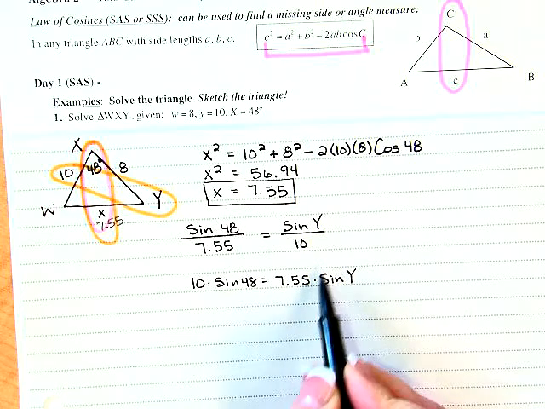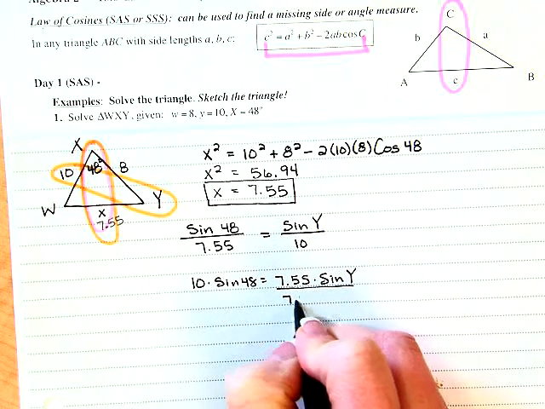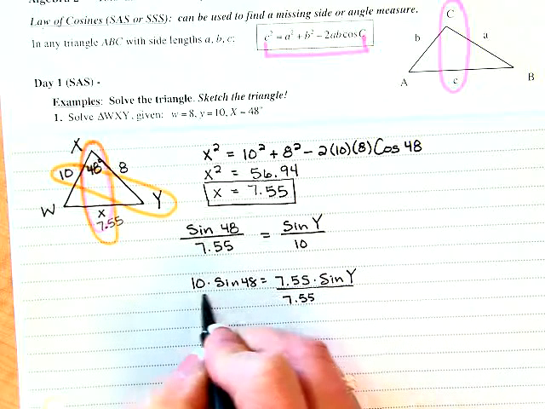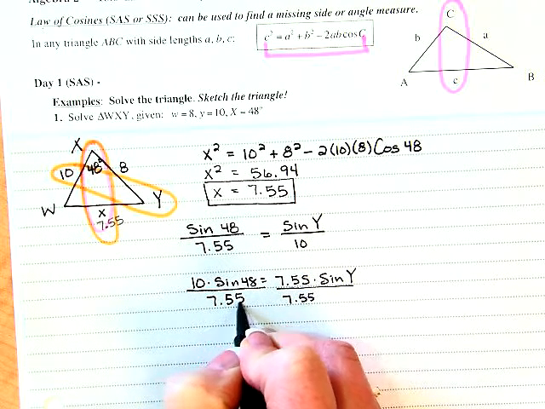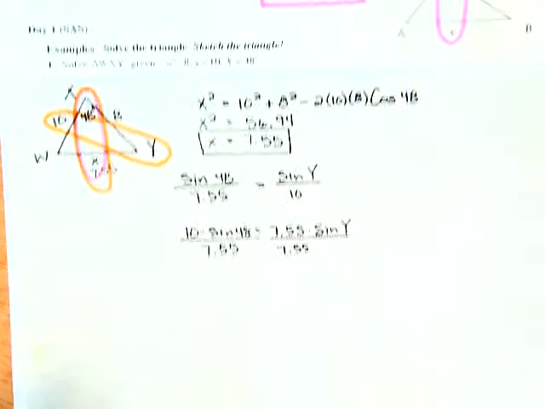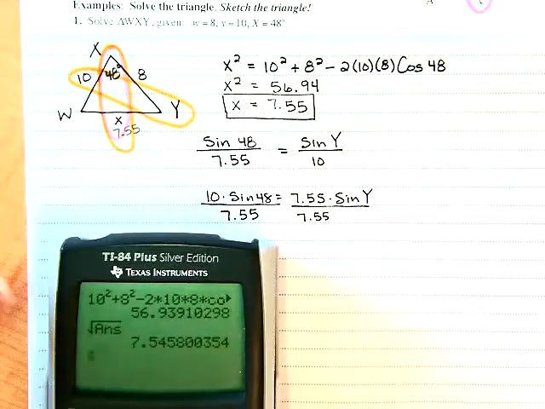We want to get the sine of y by itself right now, so we're going to divide by the multiplier, 7.55 over here, divide that by 7.55. So again, move this up a little bit. I'm going to get my calculator out and clear that.